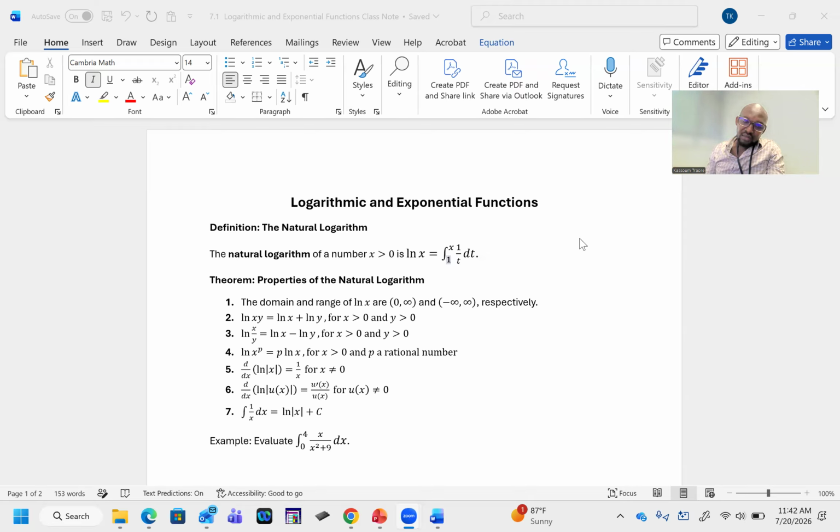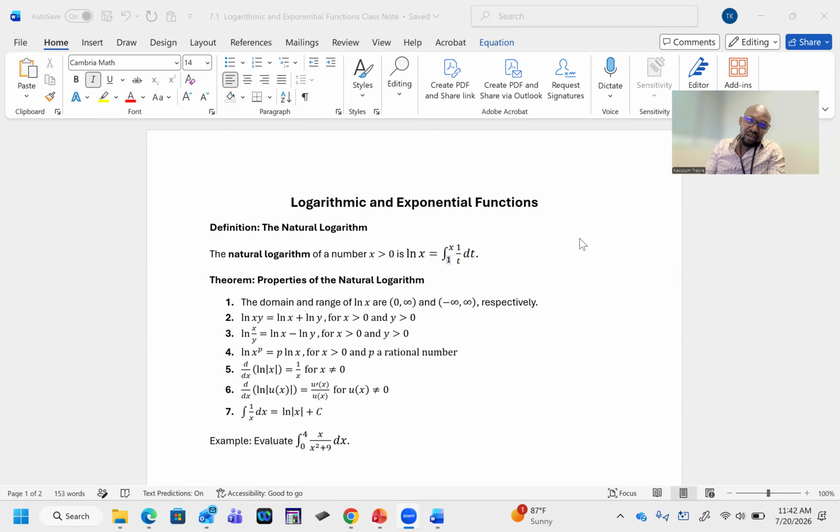And from calculus 1, the derivative of ln of absolute value of x is what? 1 divided by x. Like the antiderivative of 1 divided by x is what? Ln of absolute value of x for x different from 0. And if you are looking for the derivative of ln of u of x, which is a composition function, ln composite u of x, the derivative is u prime of x divided by u of x.